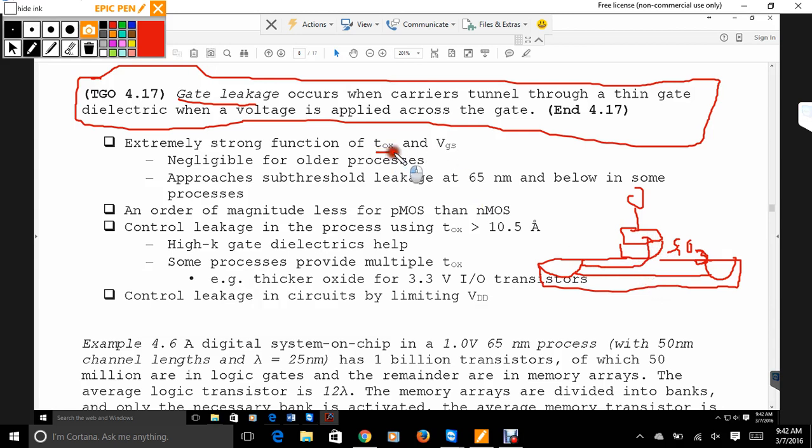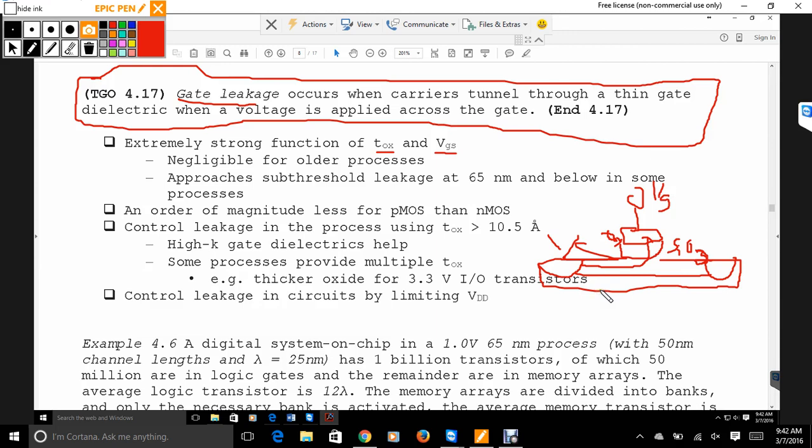And it's a function of the thickness of this oxide and the gate-source voltage, right? So you have VG, VS, TOX. As our transistor sizes get smaller and smaller, this becomes a bigger and bigger issue.